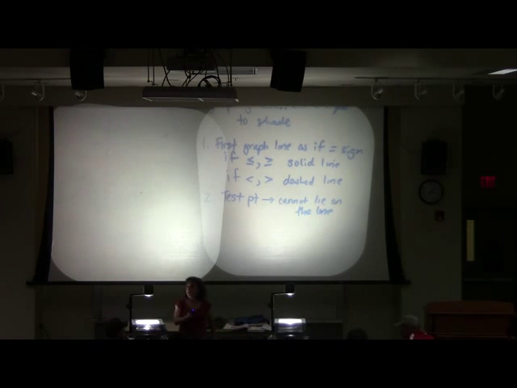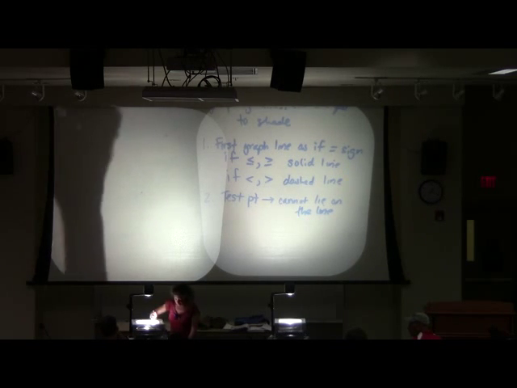Now, if you don't want to graph these lines using your intercepts, you need to remember that if you solve your equation for y, with an inequality, if you multiply or divide by a negative number, what do you have to do to your inequality sign? You have to switch it.